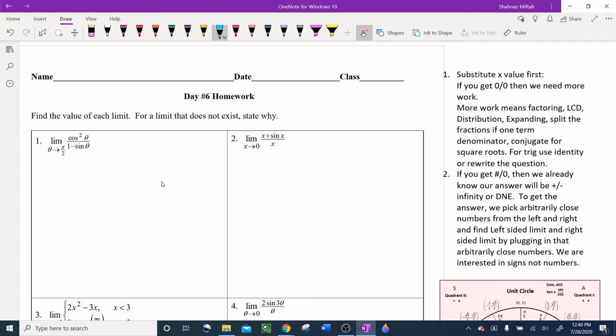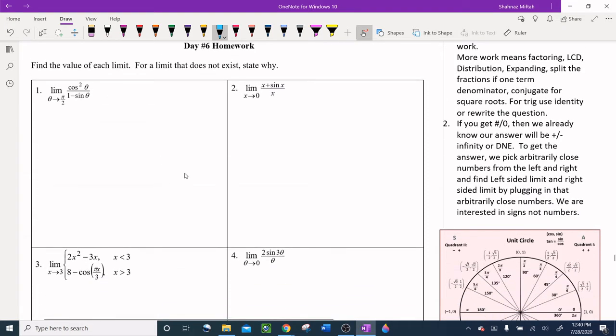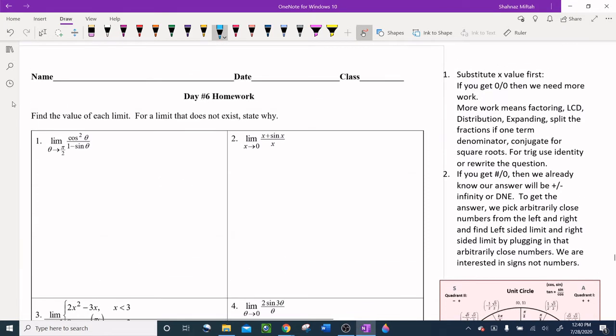Let's start with this question. This is day 6 homework, and I'm using my steps. For the limit questions, first thing first, we have to make sure that we plug in pi over 2, a direct substitution. If we get 0 over 0, then we need more work. Okay, let's plug in pi over 2 in the question.